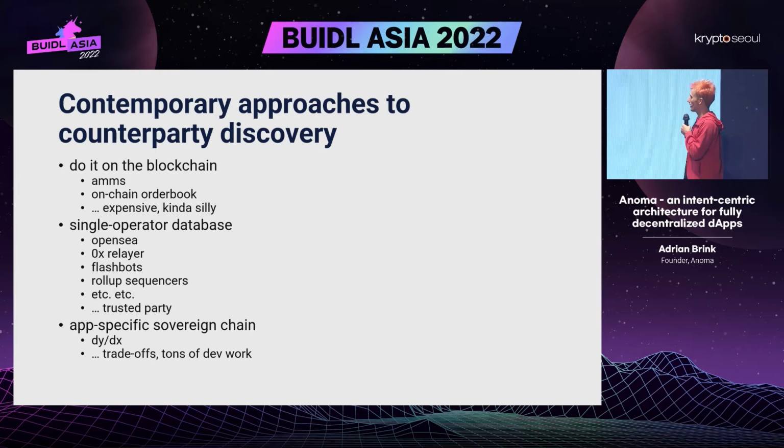So what have the contemporary approaches to counterparty discovery been? Well, the current thing we're doing is to do it on a blockchain. This is what an AMM does. This is also what an on-chain order book does. I have to say though, this is very expensive because you have to put everything in consensus, and you have to pay gas for this, and you have to pay for the privilege of establishing a total global order over all those messages.